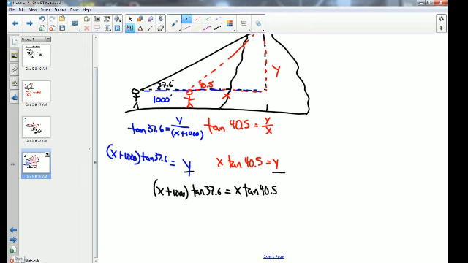So I have set them equal to each other, and I can solve for x. That will give me x, and I can plug x in and calculate y. First of all, what are the tangent values?